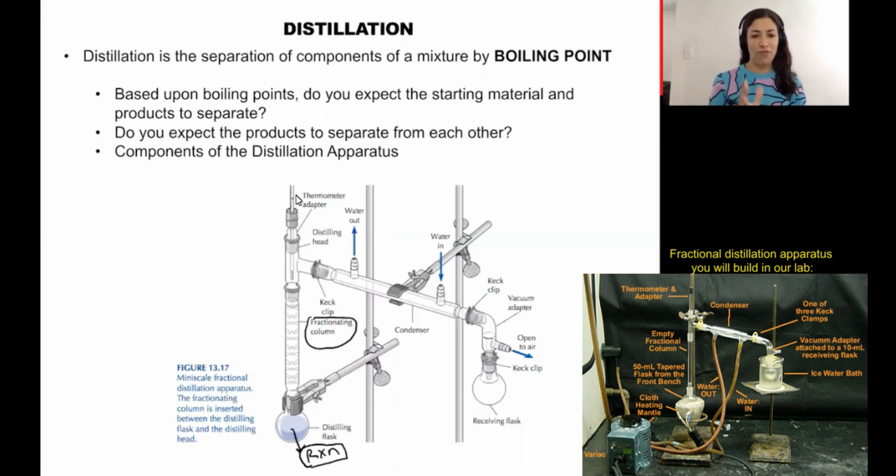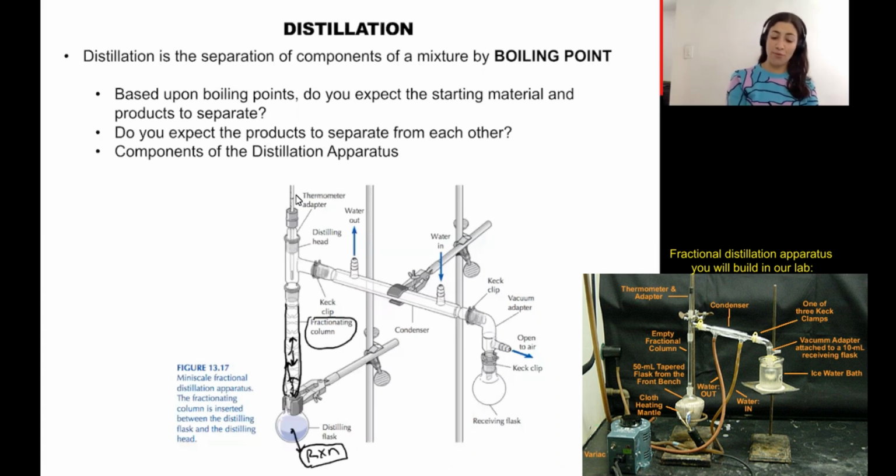This column provides a surface area where, as the components of the solution start to vaporize, they will travel as vapor into this and slowly condense back down and vaporize back up and condense and revaporize. This allows an equilibration and a space for the lower boiling component of the mixture to reach the top of the fractionating column faster than the higher boiling component of the mixture.